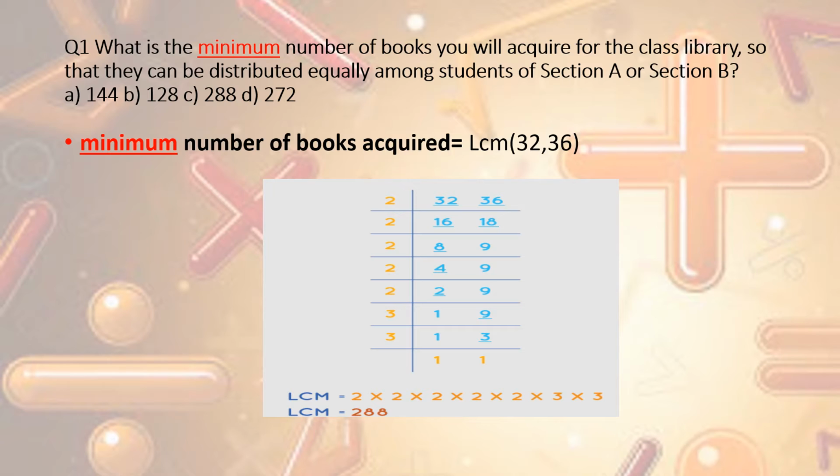So we just have to find out the LCM of the number of students in section A and the number of students in section B. That is, it will be the LCM of 32 and 36, which is going to be 288. On solving, we can make these calculations. These are very easy. Only the understanding of the question is important.